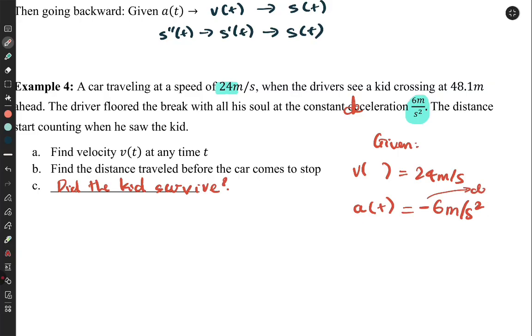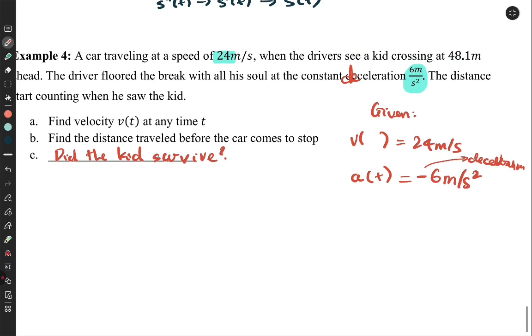Now use that. Think about the velocity. So now you have negative 6. There you go. That's what you're going to start with. That's your anchor point: negative 6 meters per second squared.